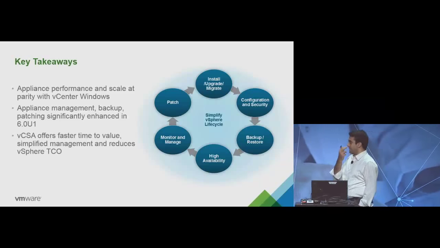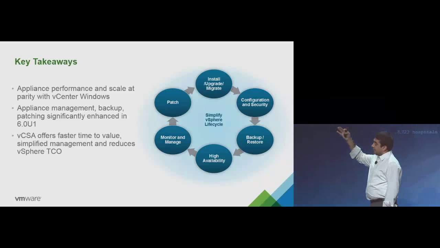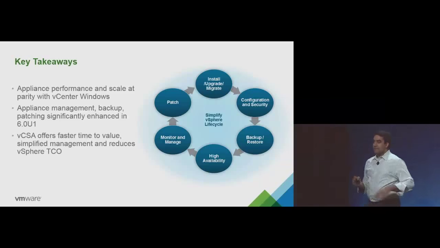So the key takeaways, before I hand it over to Miguel: performance and scale for the appliance, definitely 6.0 is at parity with Windows, if not better in some cases. We definitely have enhanced the patching, backup, and appliance manageability in 6.0 U1, and we will continue to work on this.